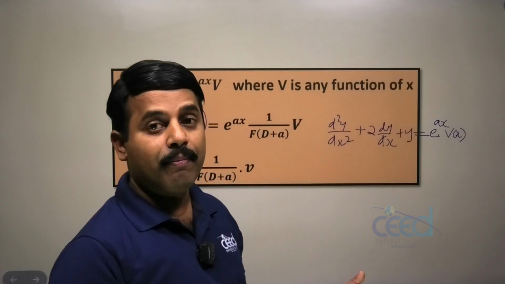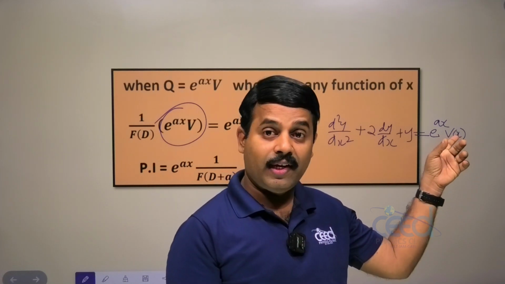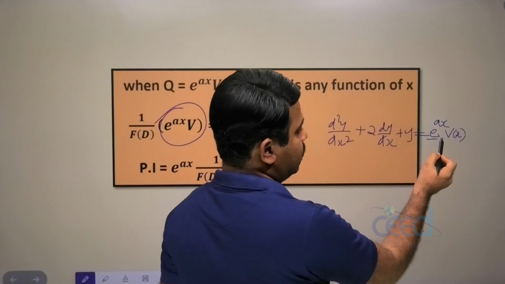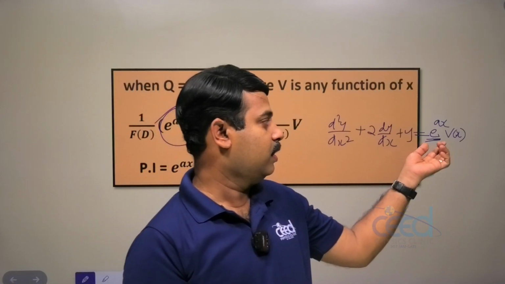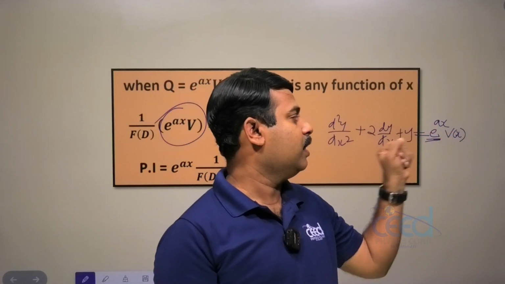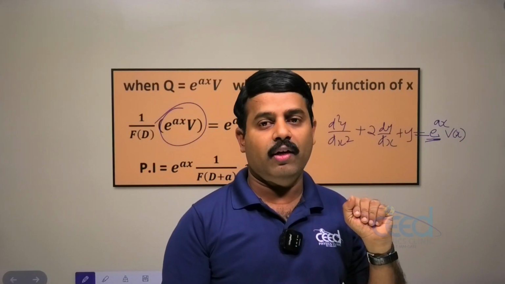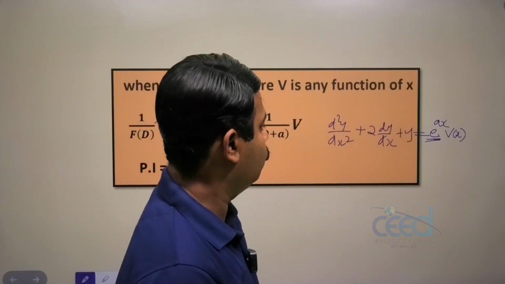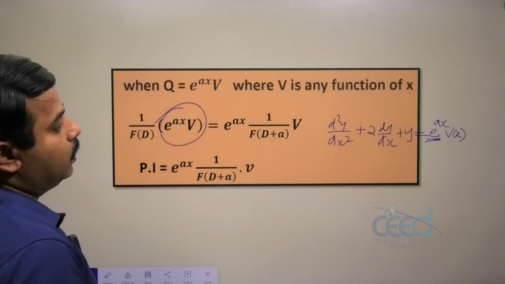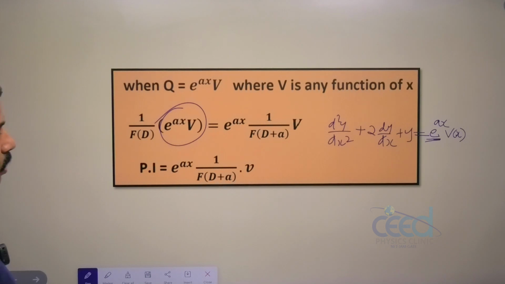This v of x may be sin x or x square, both possible. e raised to ax is one function, and the second function comes as x raised to n or a trigonometric function. That time how do we solve, alright? That is what we are looking at. So how we solve such kind of differential equation, that only we are focusing on.